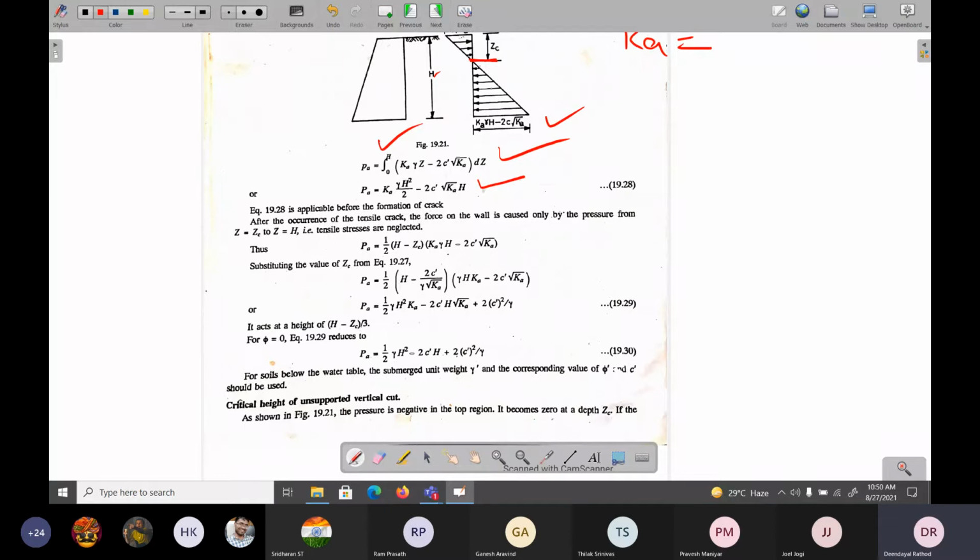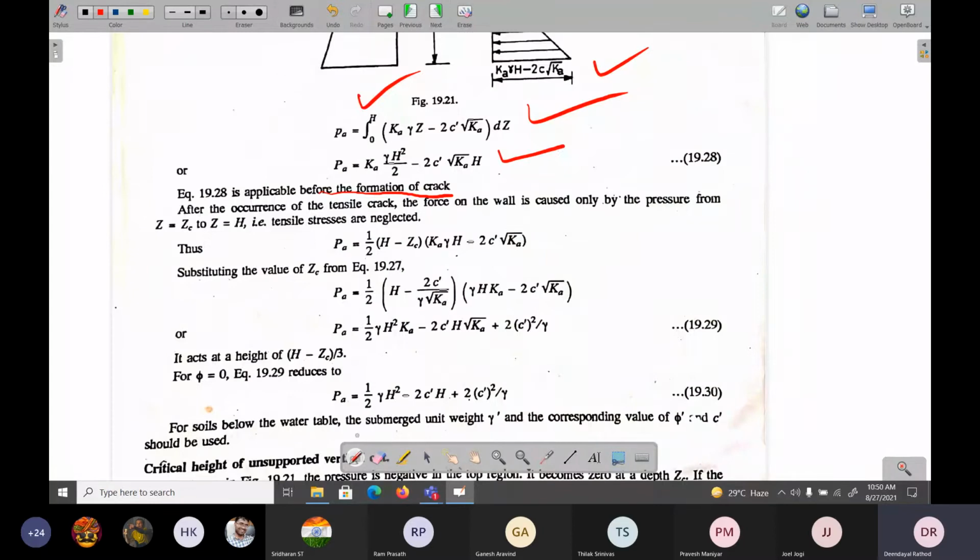This particular equation is applicable before formation of the crack. After the occurrence of the crack, the force on the wall is caused only by the pressure from ZC to H. The tensile cracks are neglected.